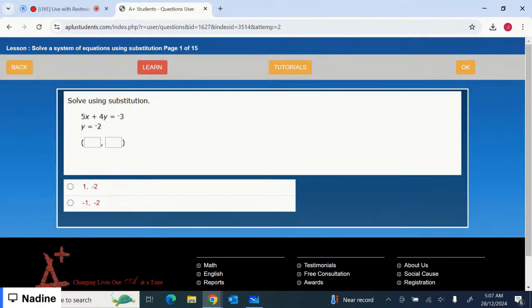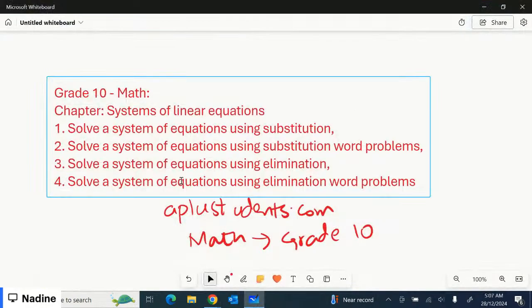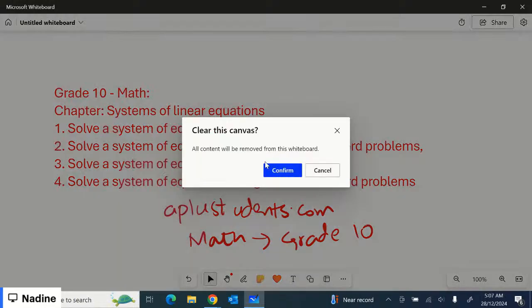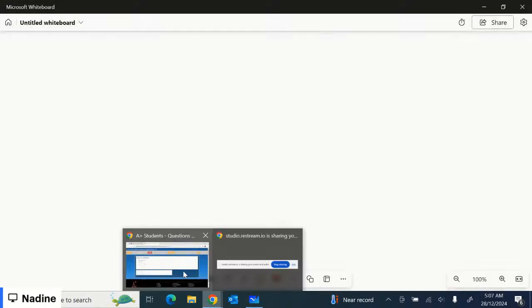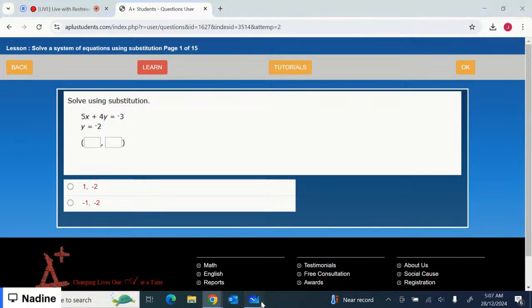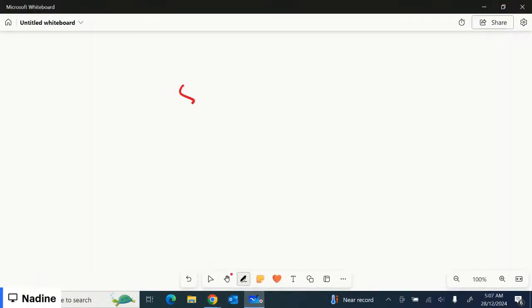Solve using substitution: 5x plus 4y equals negative 3 and y equals negative 2.